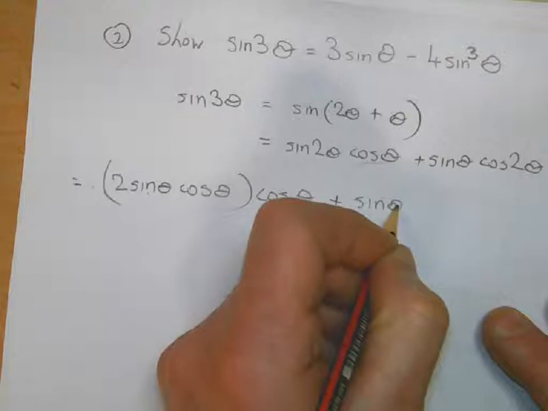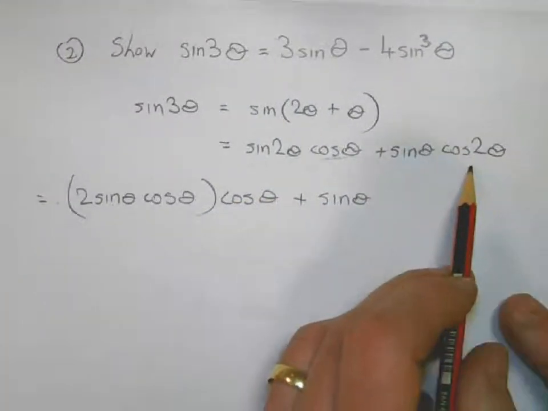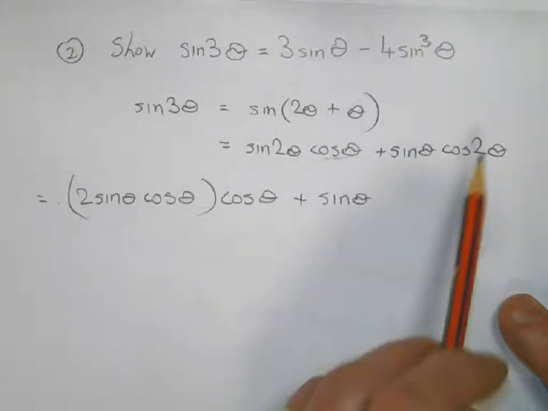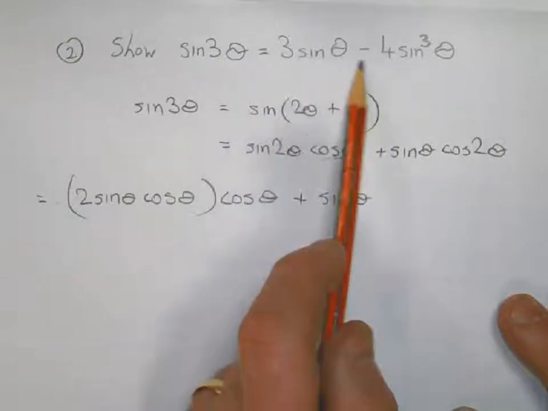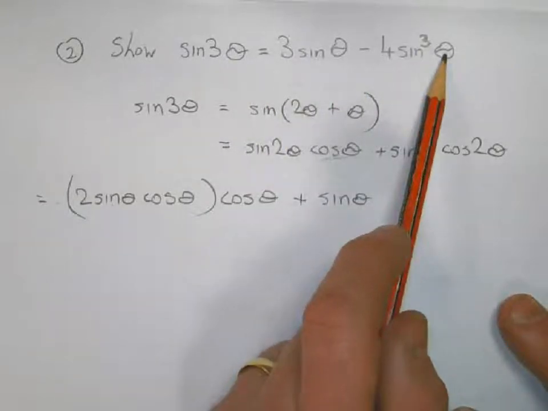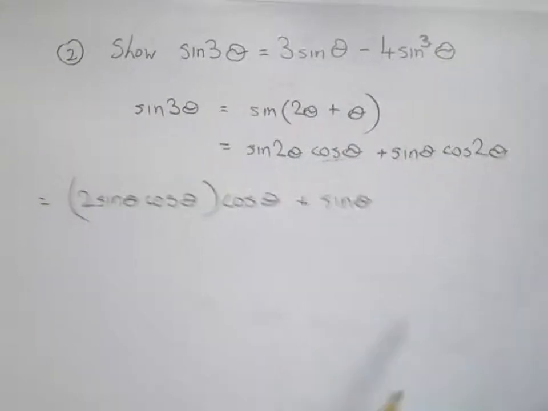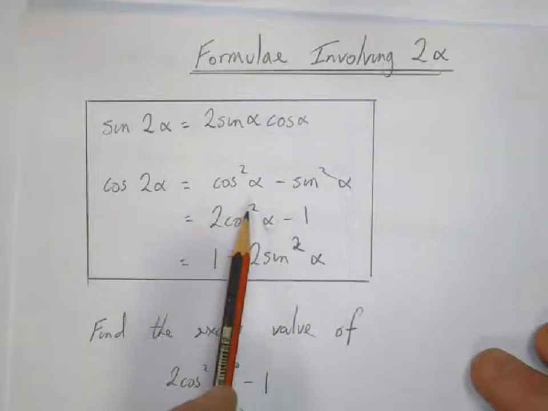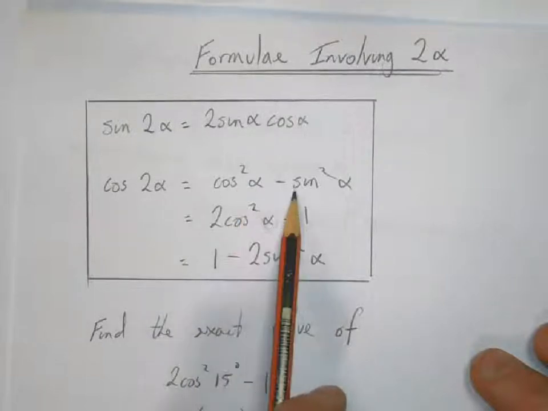Now we've got to expand this. Now we have got a choice of 3 different expansions for this. If you look up at the question, it asks us to have it in this form, and it's got a sine cubed theta here, which means more than likely if we used this one here, we're going to get a cos squared theta and also a sine squared theta.